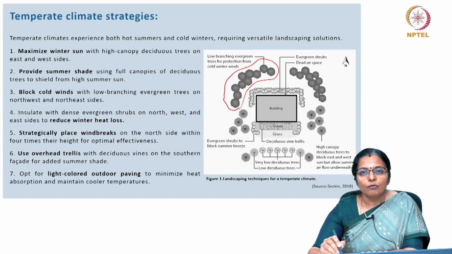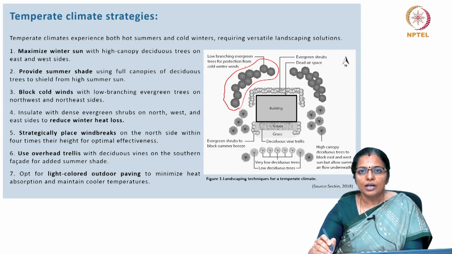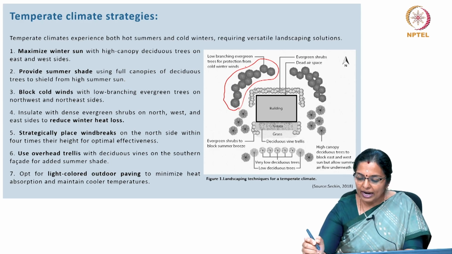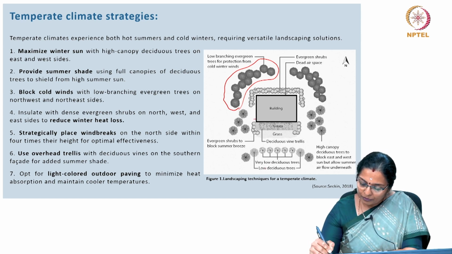Then, for summer shading, using full canopies of deciduous trees to shield from high summer sun. Having evergreen shrubs. So, we must have low deciduous trees on the south.